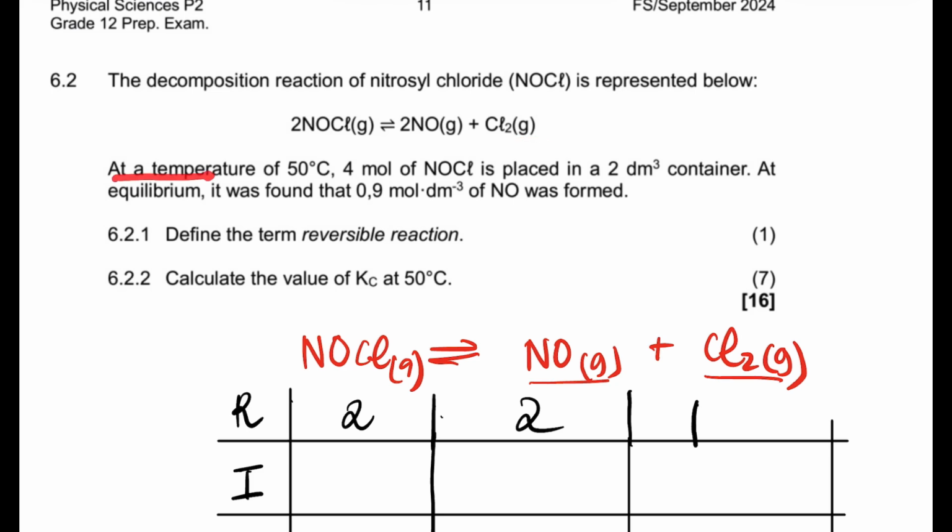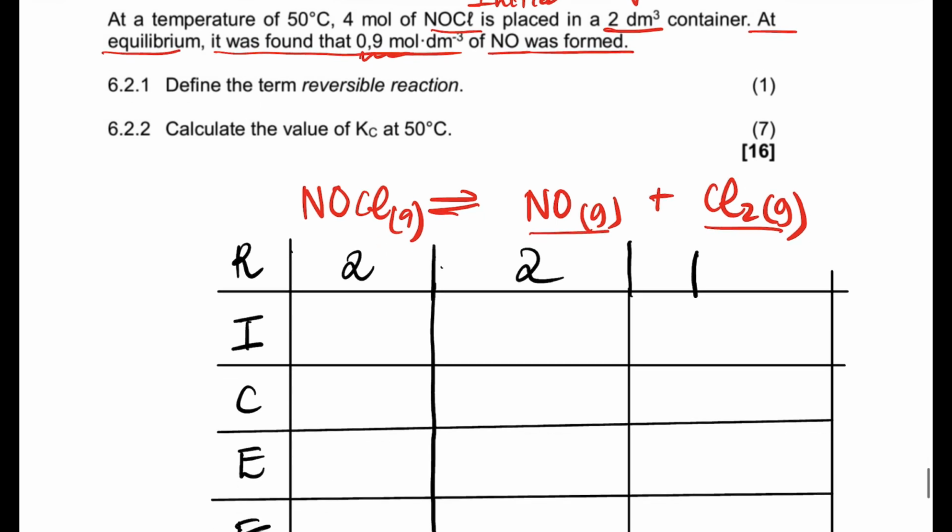Now it says at a temperature of 50 degrees, 4 mole of nitrosyl chloride is placed in a 2 dm3 container. This is the initial, and this is the volume that it was placed in. Now it says at equilibrium it is found that 0.9 of nitrogen oxide was formed. So after all this reacting, the 0.9 mole per dm3, that's the concentration, was formed.